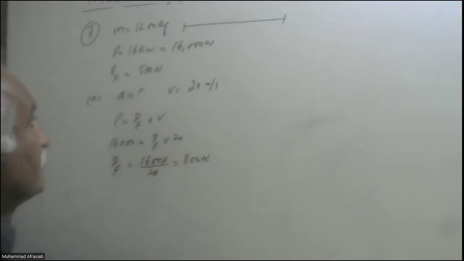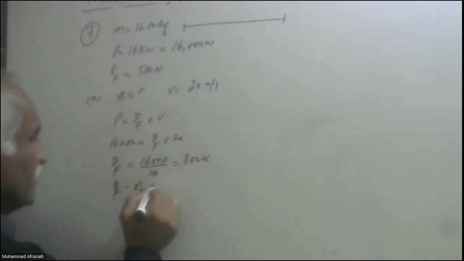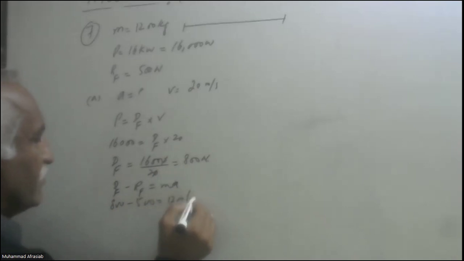800 Newton. Now, driving force minus the resistive force is equal to net force ma. As driving force is 800 minus resistive force is 500, mass of that particle is 1200 times acceleration a.